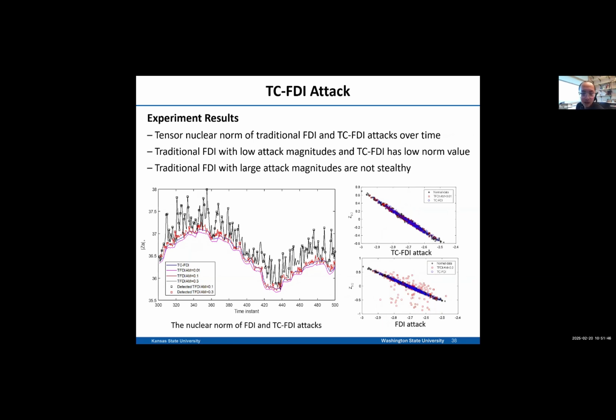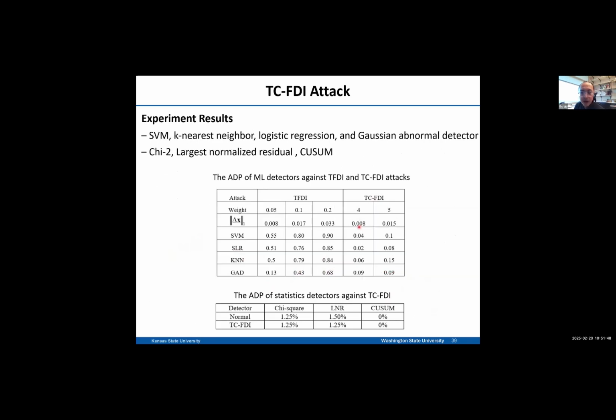So here we evaluate the stealthiness of the proposed attack using the classic machine learning detectors and the statistical detectors. We can see that in the first table, the machine learning detector can detect more than 75% of traditional FDR attacks.